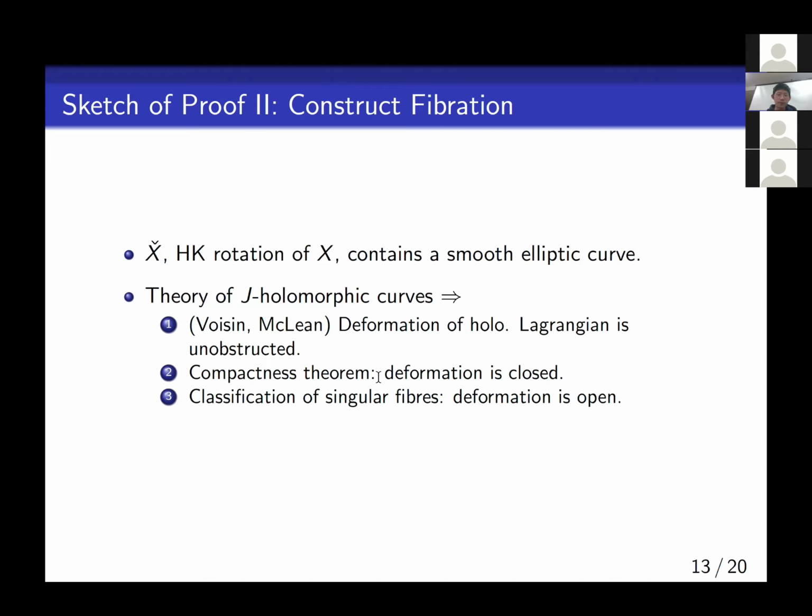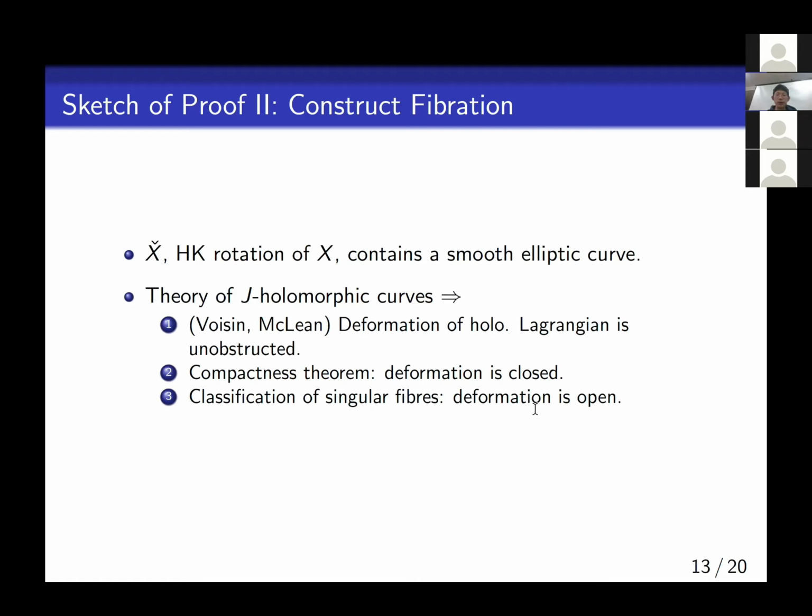And so the analysis will be very similar to what Kodaira did when he studied the classification of singular fibers for minimal elliptic fibrations. And then, with more analysis, we'll be able to prove that the deformation is open.